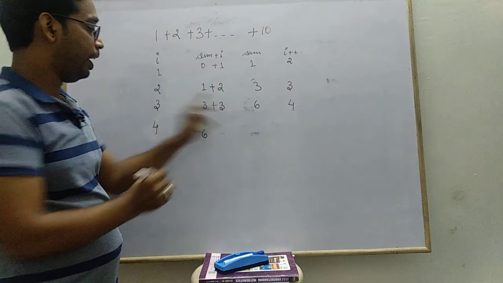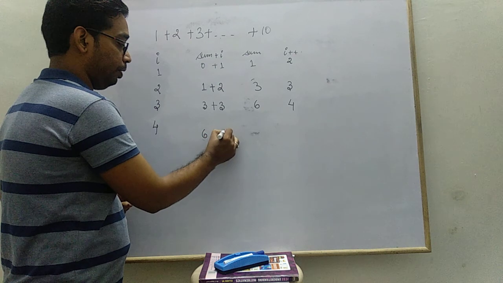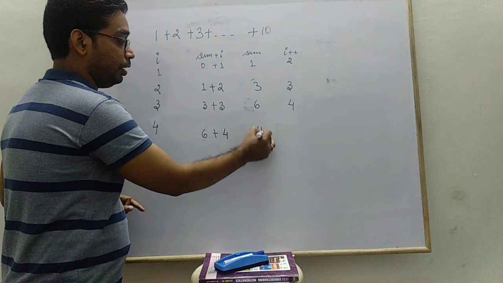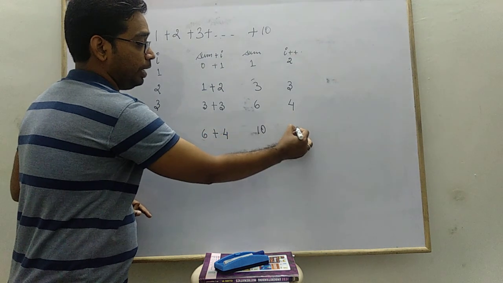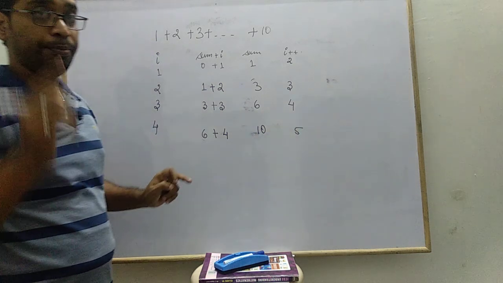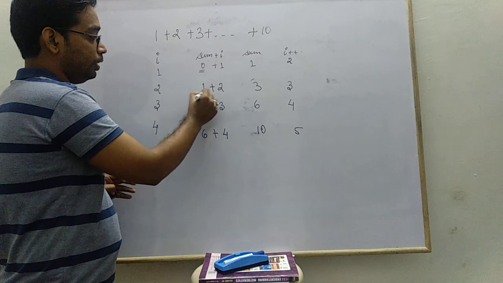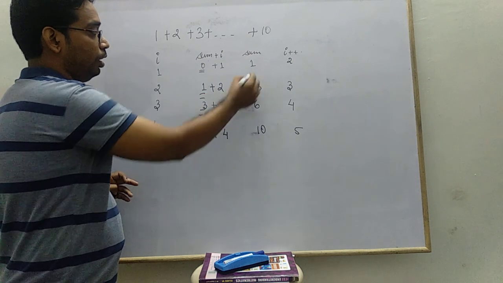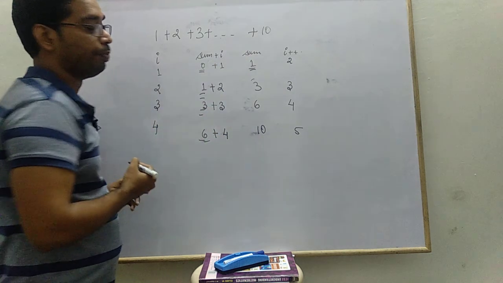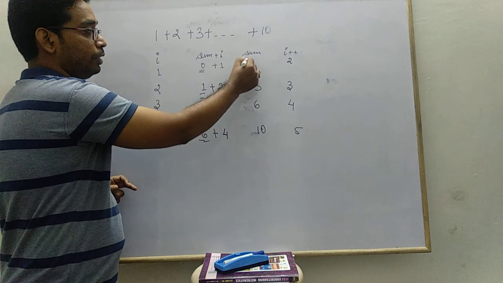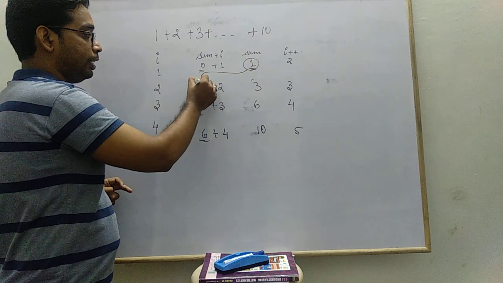Now what is the value of I? Plus 4, it gives 10. The value of I here increased by 1, it is 5. Be careful, this part is similar to the value of sum here. Whatever the value of sum here, it goes to the next line.